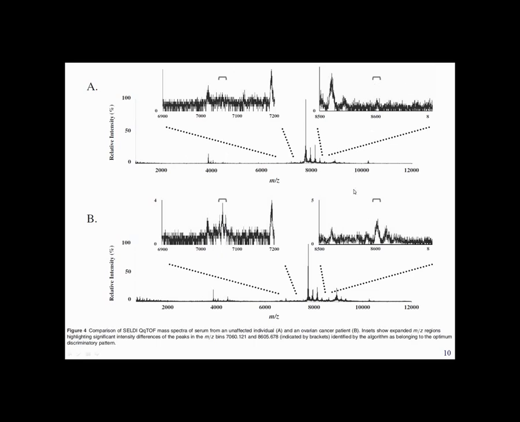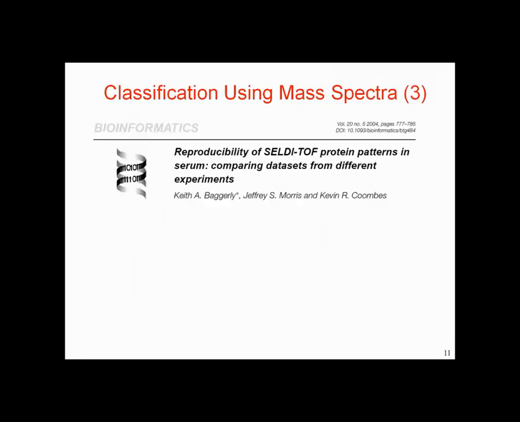So using features like this, you could try to distinguish spectra for normal samples from spectra for disease samples. Okay, so it looks like there is a tool to discriminate between the different types of samples.